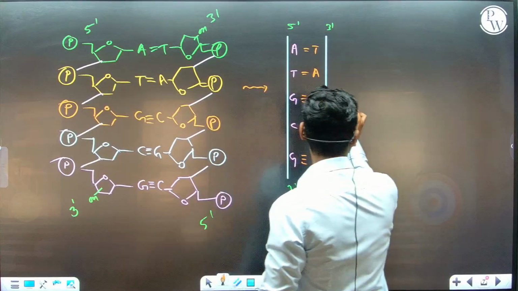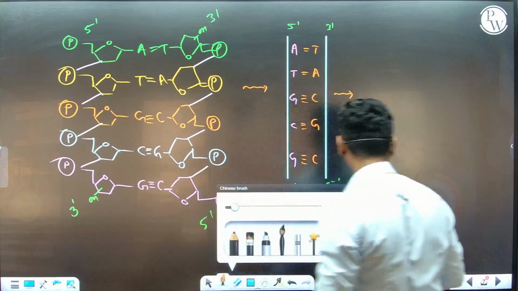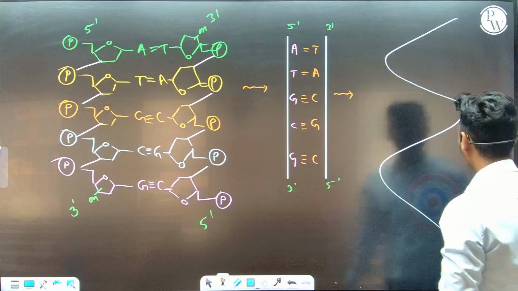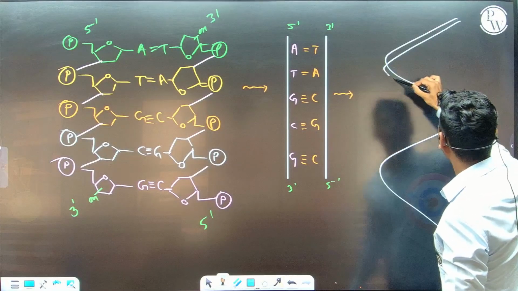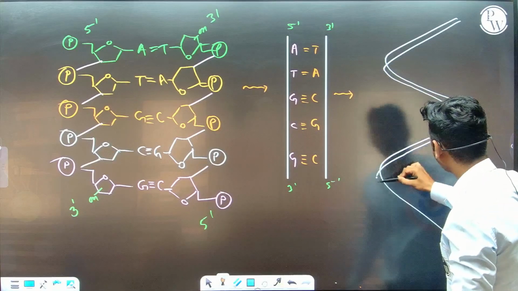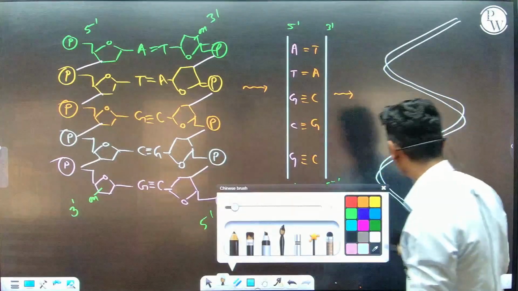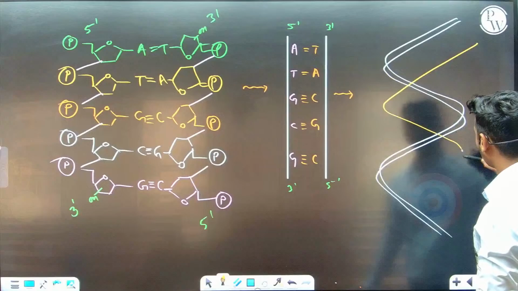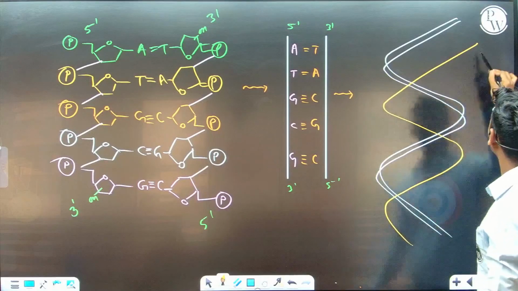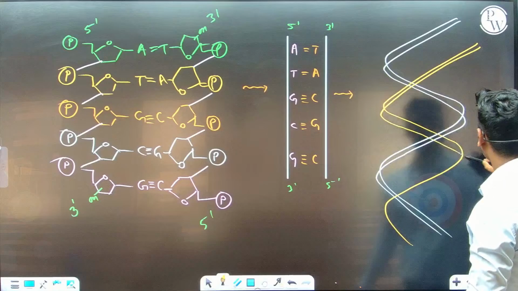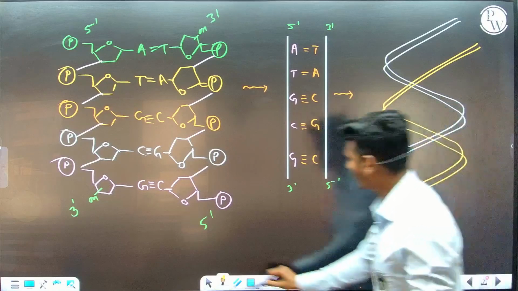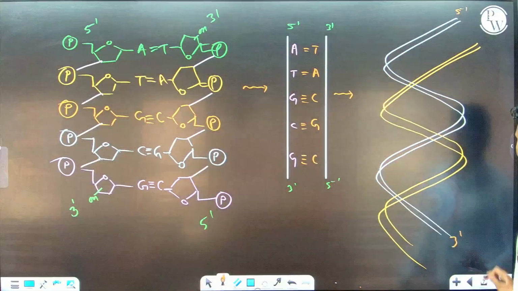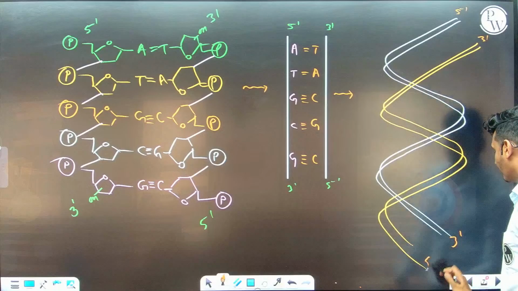So this structure looks somewhat like this: here is one strand of DNA, and I am drawing another strand here. Now, this one is 5 prime end, 3 prime end, 3 prime end, and 5 prime end.